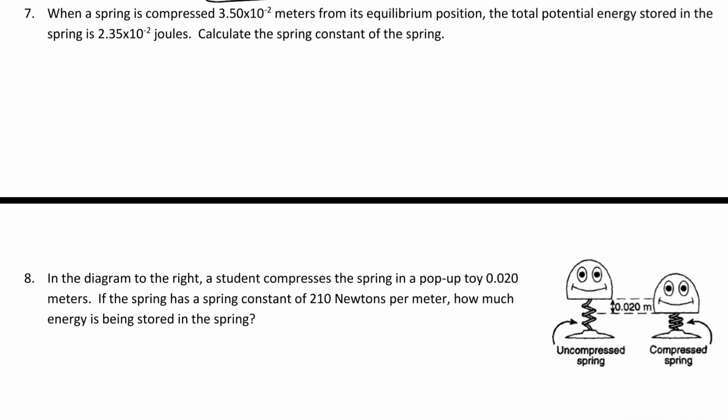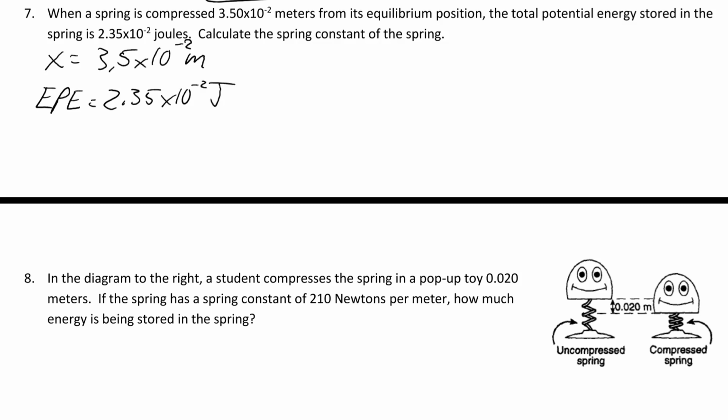Number 7, when a spring is compressed 3.5 times 10 to the negative 2 meters from its equilibrium position, so that's X, 3.5 times 10 to the negative 2 meters, the total potential energy stored in the spring, so that's EPE or PES, is 2.35 times 10 to the negative 2 joules. Calculate the spring constant.